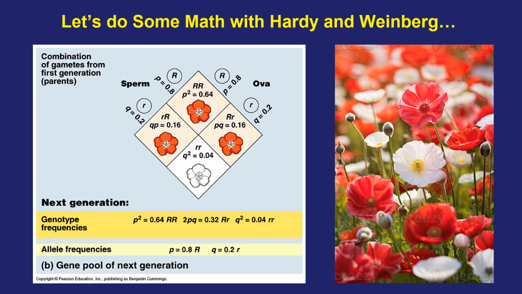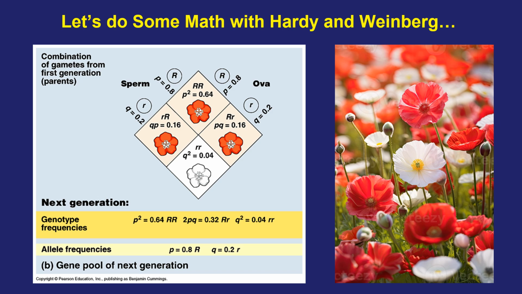We have 0.8 as a frequency for the dominant allele, and as we'll see in just a moment when I introduce the Hardy-Weinberg equation, we will assign the frequency of the dominant allele as P in that equation. There's a value of 0.2 for the frequency of the recessive allele. That is given the symbol Q, again, in the Hardy-Weinberg equation.